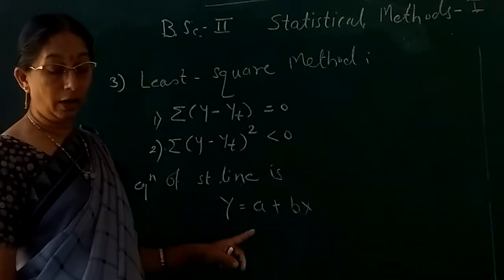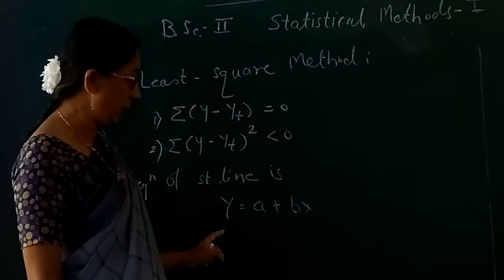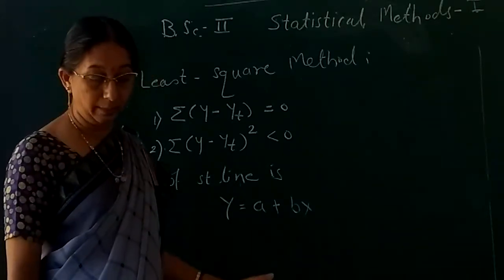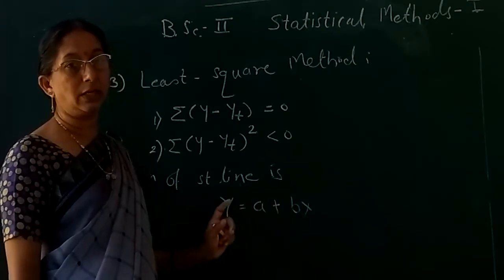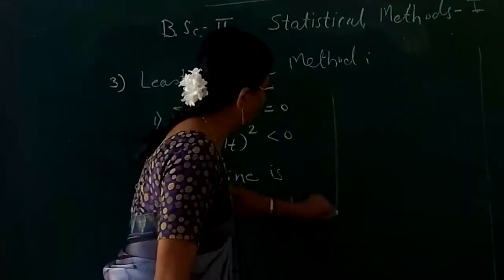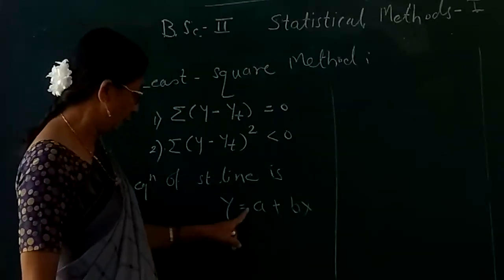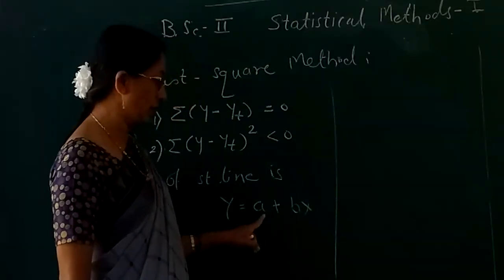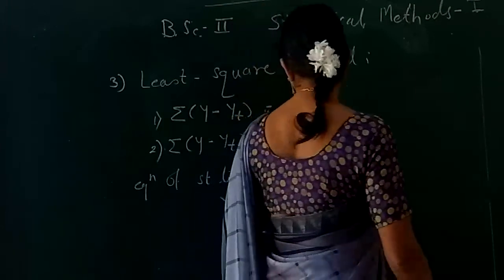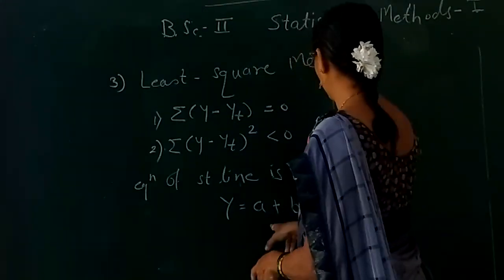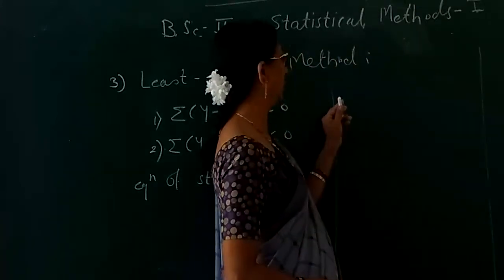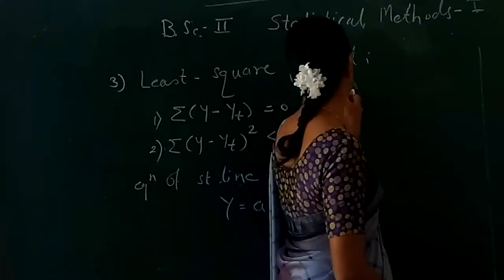In order to determine the value of constants a and b, the following two normal equations can be solved. Our next objective is to find the value of constants a and b, and these two constants can be found by using normal equations.